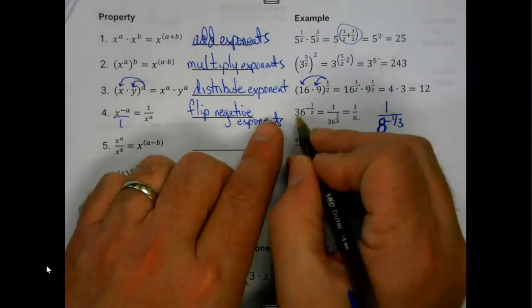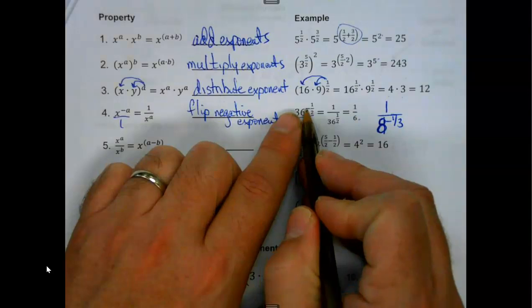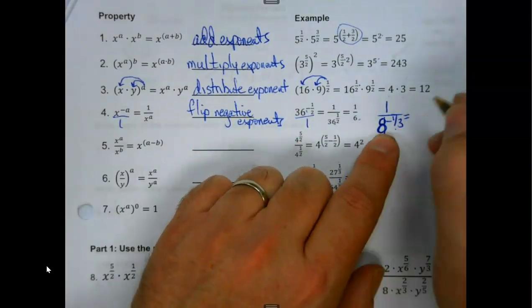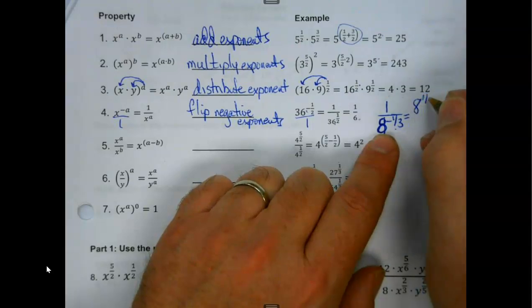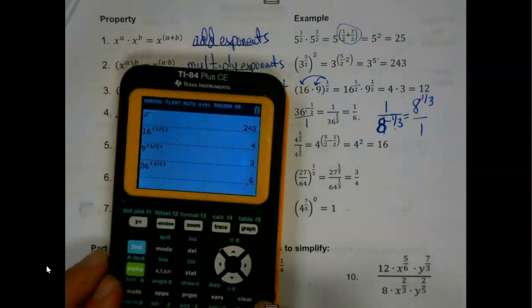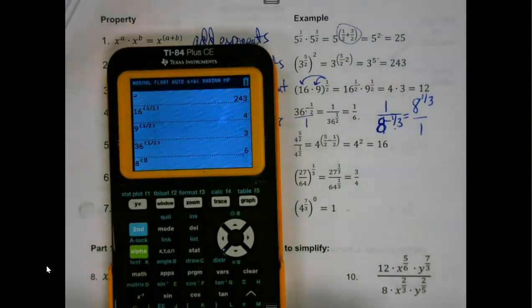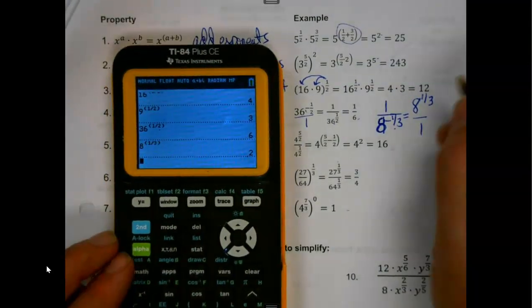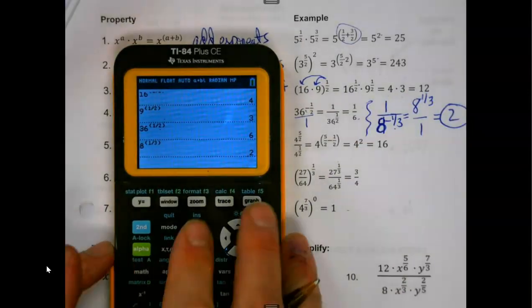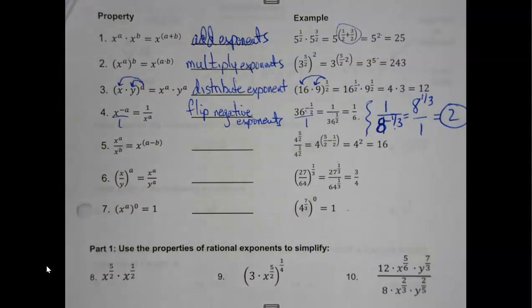So on this first one, top down to the bottom to become positive. Now this one, bottom up to the top to become positive. And I can see the difference. So they can go both ways. And that's kind of important to keep track of here.